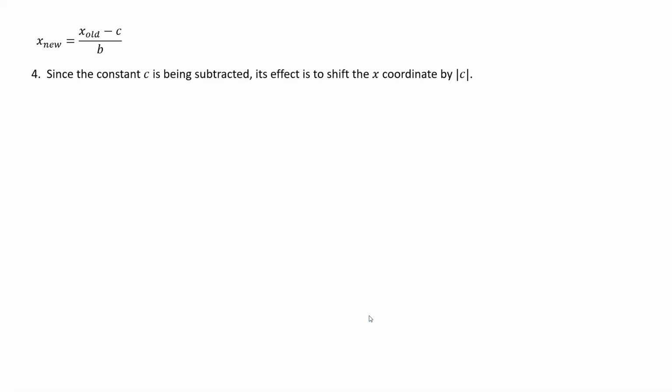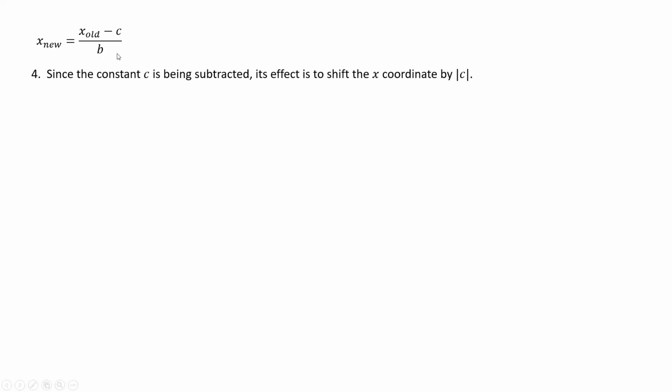Let's move on. Okay. So we looked at the effect of B. Now let's study the effect of C. What does C do? C affects, of course, the x, the horizontal. Its effect is to shift the x coordinate by absolute value of C. Okay. To the left or to the right, we'll figure that out in just a second.